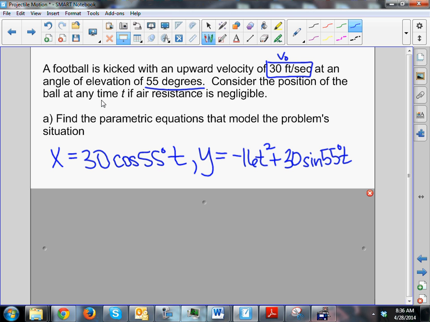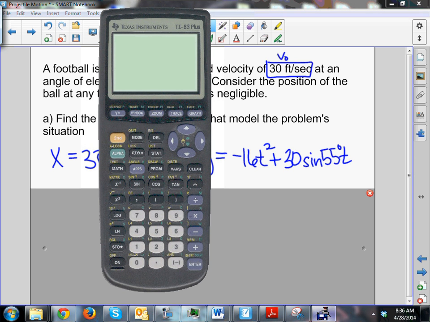Okay. Now, just for fun, we're going to graph these. Whoops. That's not it. Y equals. Whew, okay. Okay, when you go to y equals, notice how you have an x equals and y equals. Pretty.